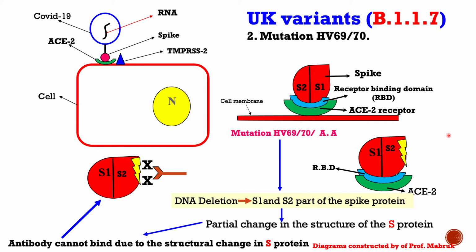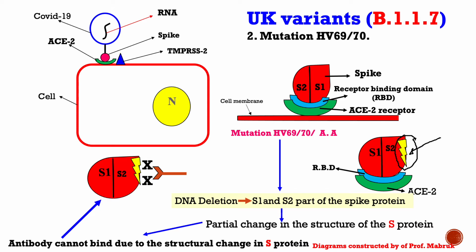The second mutation, HV69/70, of the UK variant resulted in structural changes of the S1 and the S2 part of the spike protein of the coronavirus COVID-19. You see it here in the yellow color. You can see that there are changes in the structure, in the morphology, of the spike protein of the coronavirus COVID-19. You see it here in the yellow color.